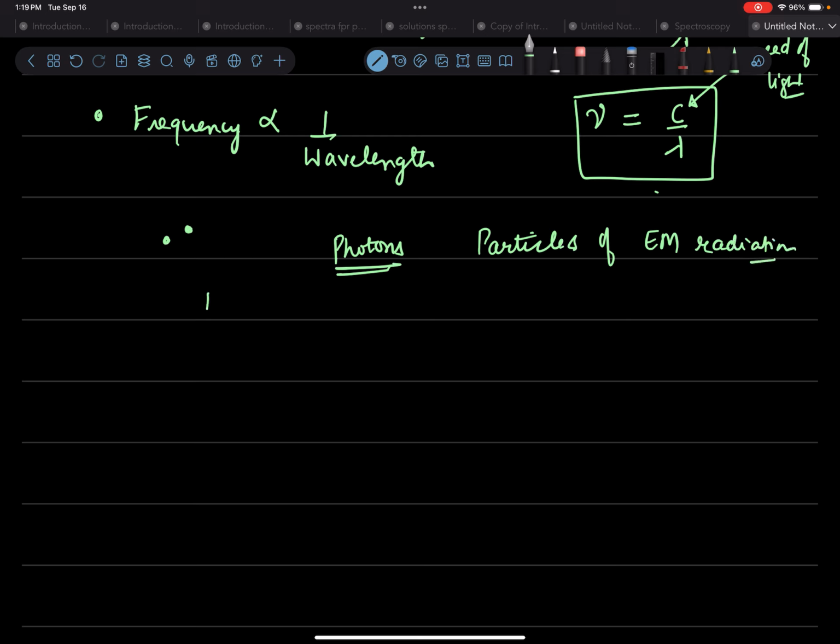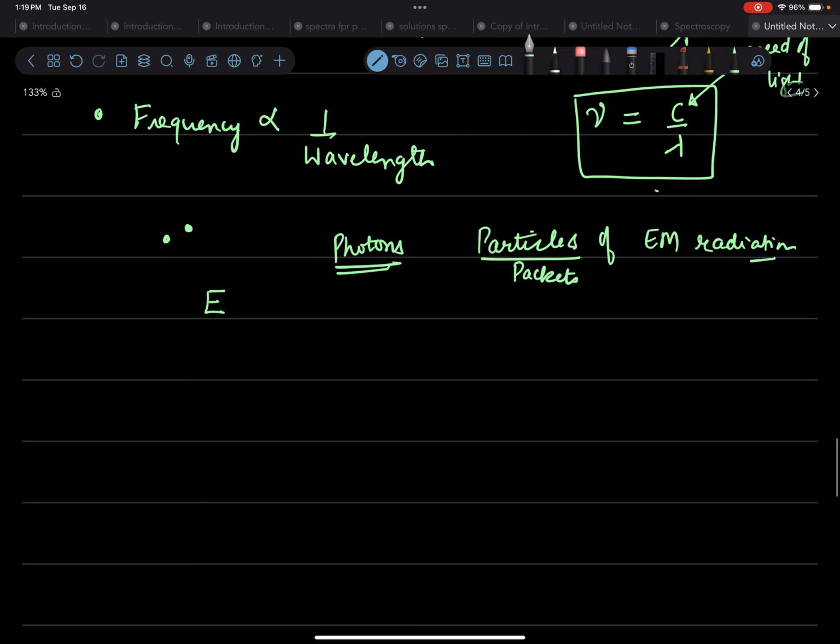And the energy of each photon, that is, each packet of electromagnetic radiation, packets is the better word, is given by h nu. The energy of each packet is directly proportional to the frequency of the electromagnetic radiation.